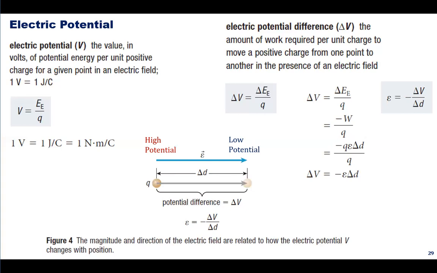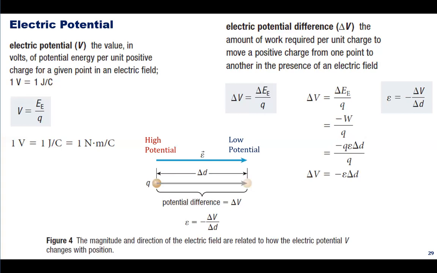Notice that because of the negative sign in the equation, the electric field points from regions of high potential to regions of low potential, which is illustrated in figure 4. If we consider a circuit in which a battery is a source of electric energy, a positive test charge will naturally move from the positive terminal where a high potential exists to the negative terminal where a low potential exists.